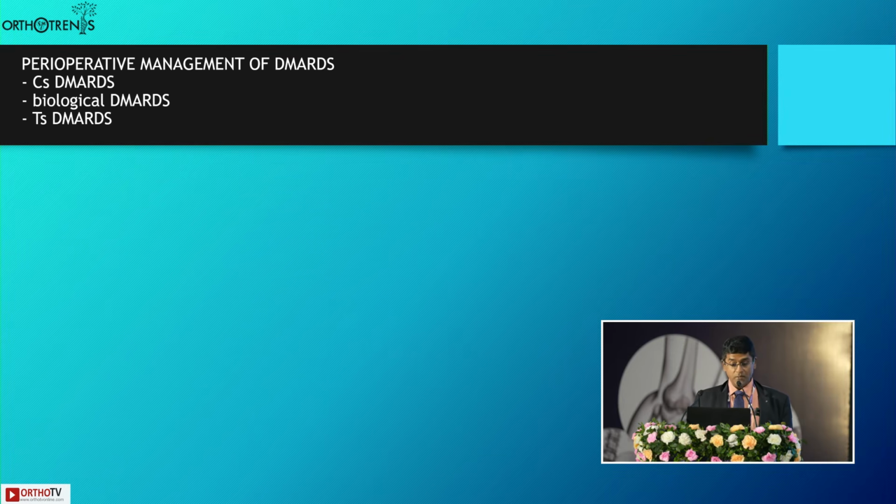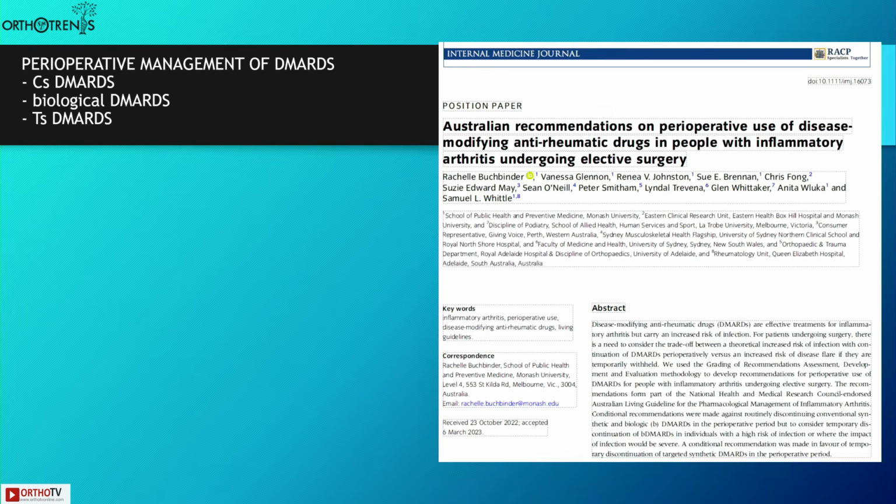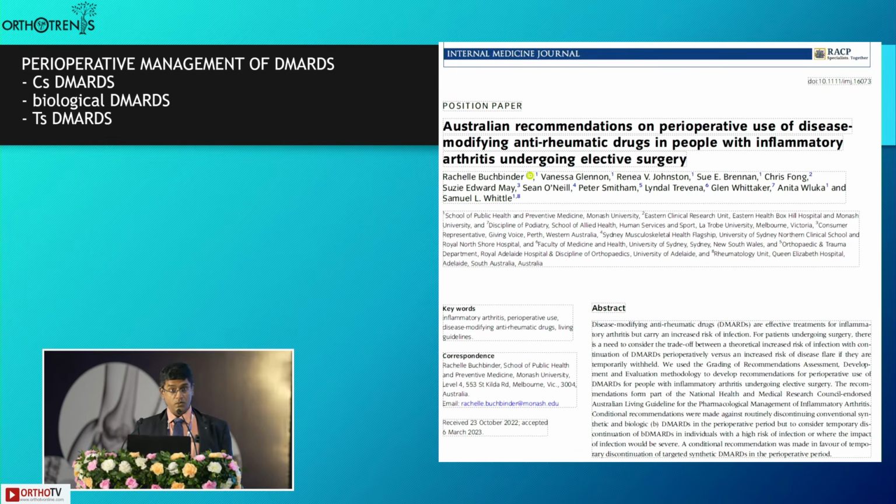Now coming to the elephant in the room, the perioperative management of the DMARDs. Essentially, DMARDs are of three types: the conventional synthetic DMARDs, the biological DMARDs, and the targeted synthetic DMARDs. Now, we as orthopods have an instinct to withdraw these DMARDs because they are immune suppressors and we are worried about infections. So let us look at what the physicians say about it.